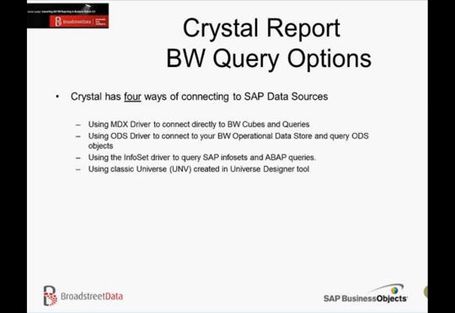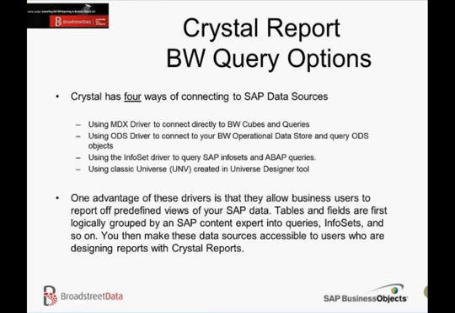So we can still use the BW universes that were created in version 3.1 that are using BW as a data source. And obviously the main advantage of this is that, like I mentioned earlier, we maintain the backend design and the backend logic, the backend business rules in BW and in the original BEx queries that were developed previously.